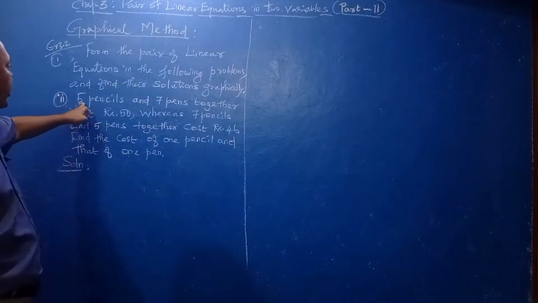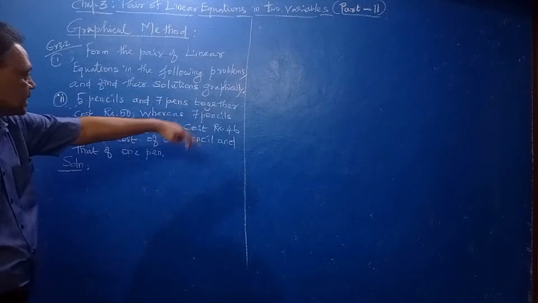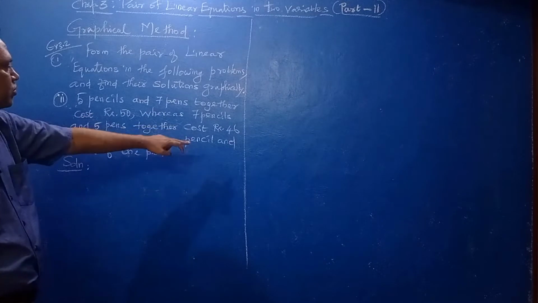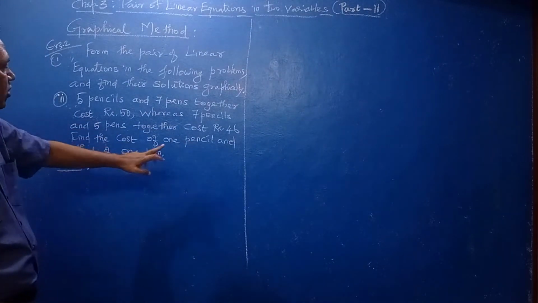You see, 5 pencils and 7 pens together cost rupees 50, whereas 7 pencils and 5 pens together cost rupees 46. Find the cost of 1 pencil and that of 1 pen.